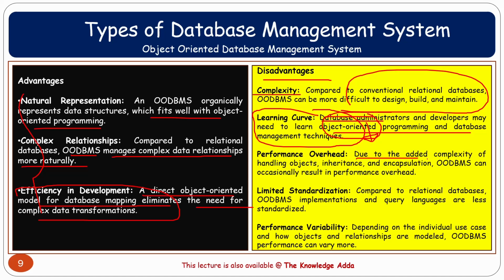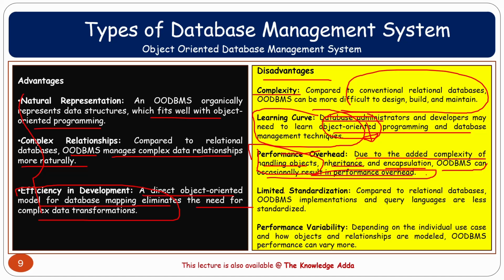Due to the added complexity of handling object inheritance and encapsulation, an object-oriented database management system can result in performance overhead. This can mean a lag in performance when we are adding or handling objects.